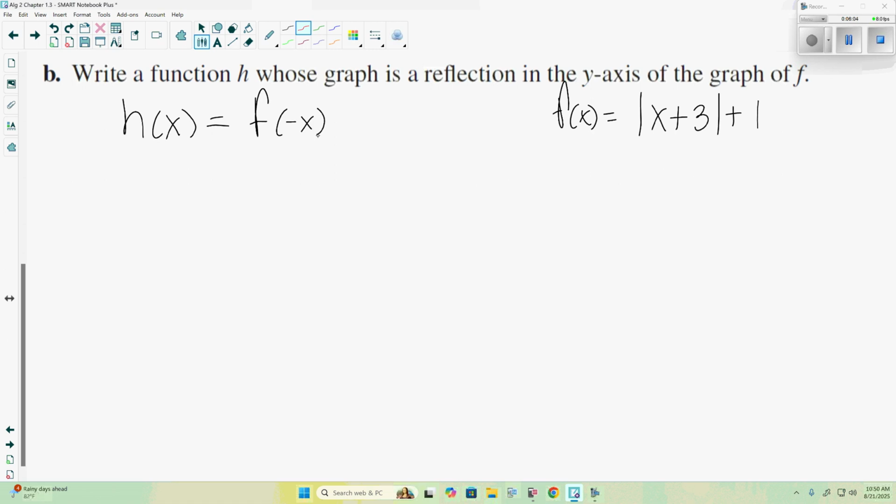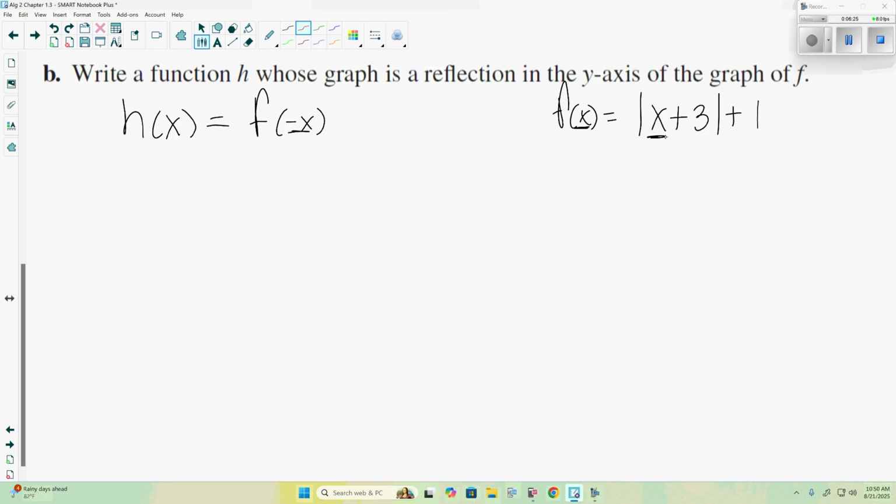Now, unlike A, we don't have just f of x anymore. We have f of negative x. We changed the x in this notation to negative x, yes? So for our function f of x, since we changed this x to negative x, it means this x here also has to change to negative x.